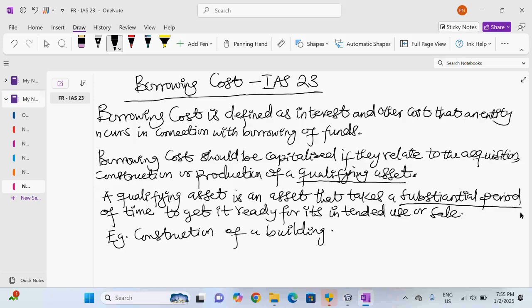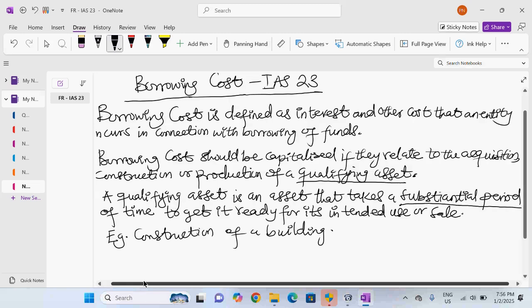IAS 23 hasn't defined a specific number of years for the substantial period, but substantial period of time means it takes a longer period of time to acquire, construct, or produce the asset.